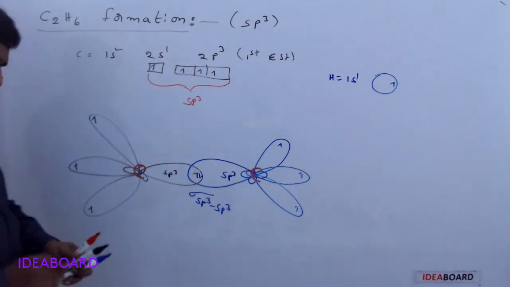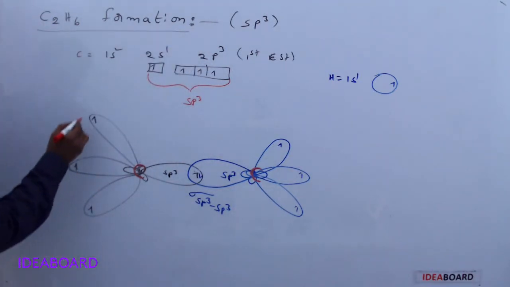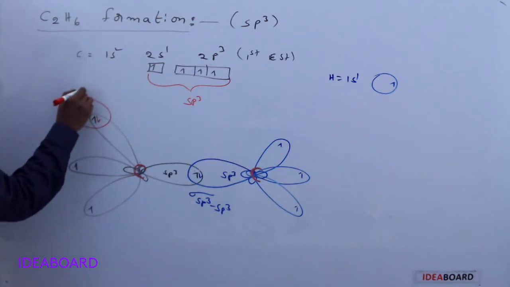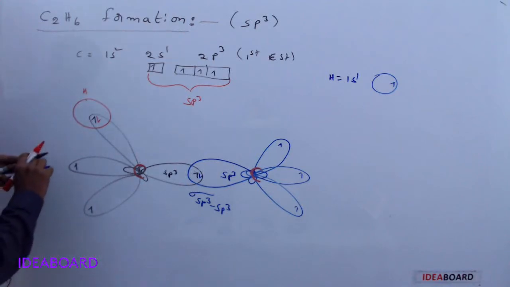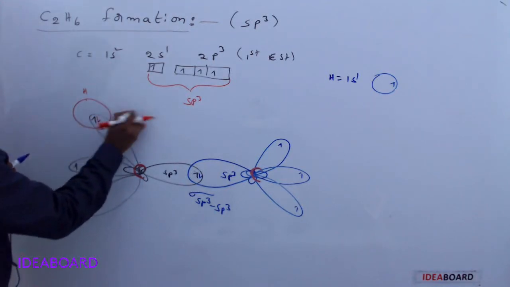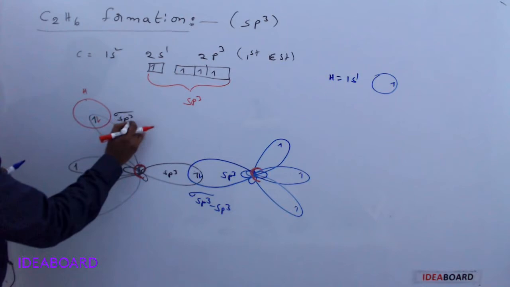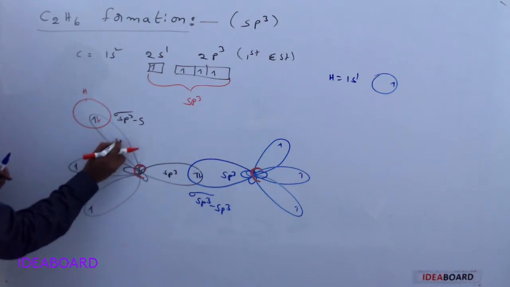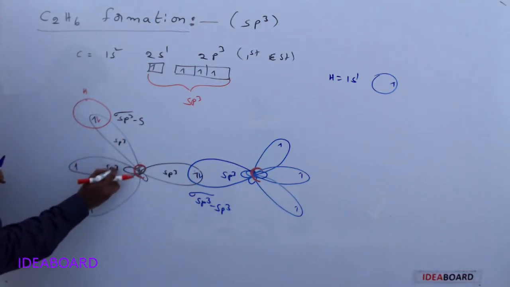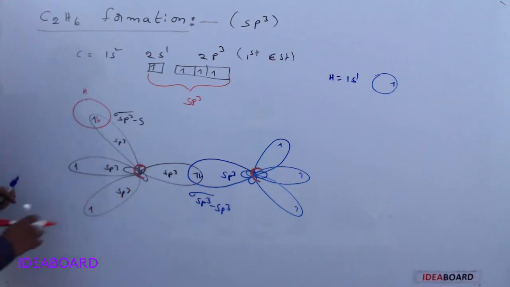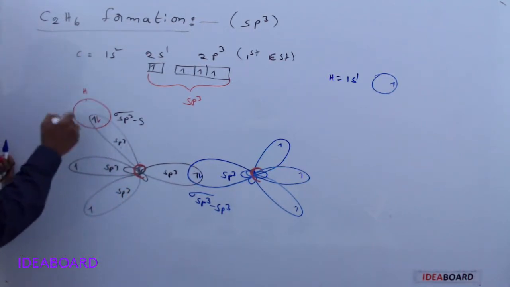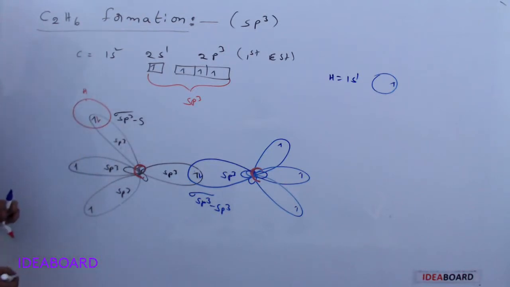Now that 1s1 orbital will overlap with the sp3 hybrid orbital of carbon, forming a sigma sp3-s bond. Why is it sp3? This is an sp3 hybrid orbital, this is also an sp3 hybrid orbital. So this sp3 orbital and the 1s orbital of hydrogen form a sigma sp3-s bond.